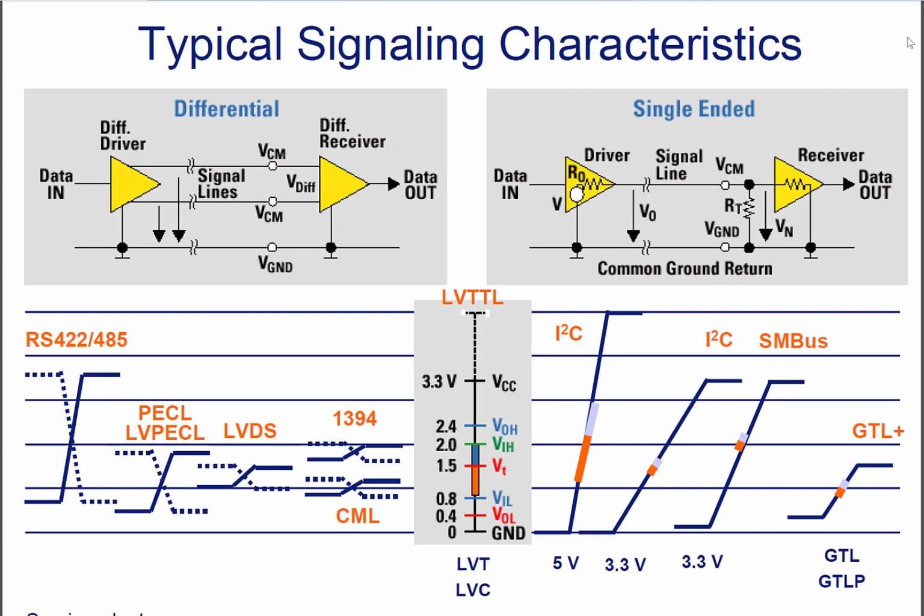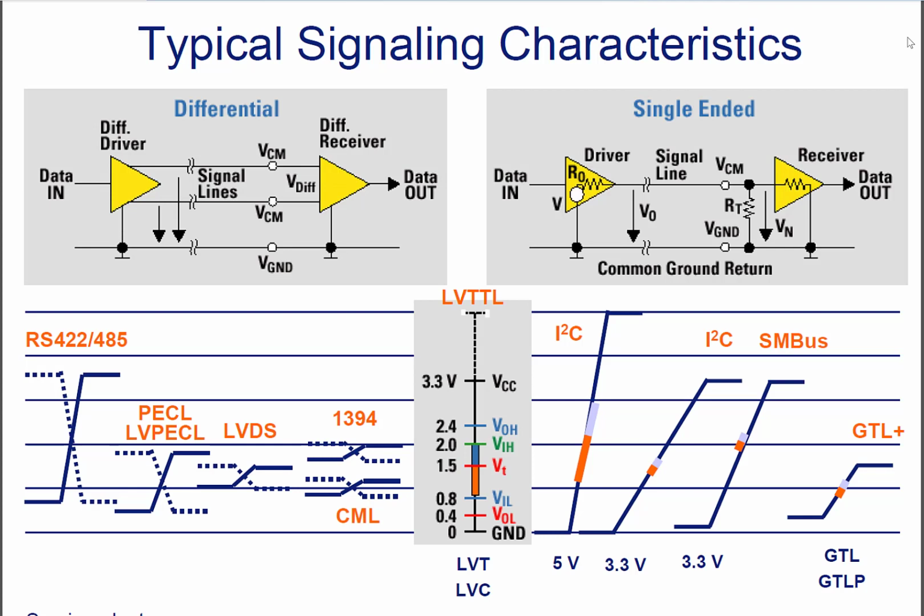The top diagram on the left shows differential signals, and you see that any noise in the environment, such as electromagnetic interference or radio waves, can show up on your signal lines, particularly when you have long lines, and can corrupt your data.